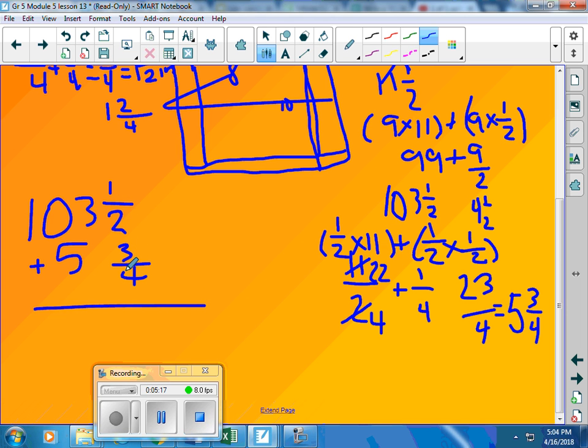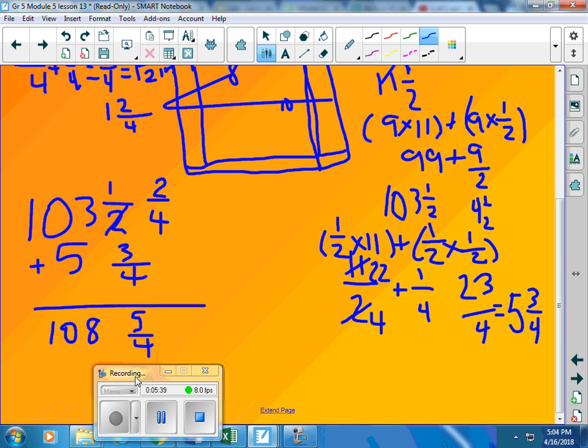So first things first, my fractions don't have the same denominator. I'm going to change it to a 4 again. 2 times 2 equals 4. 1 times 2 equals 2. So that gives me 2 plus 3 equals 5/4. Then I have 103 plus 5. Well, that's 108.